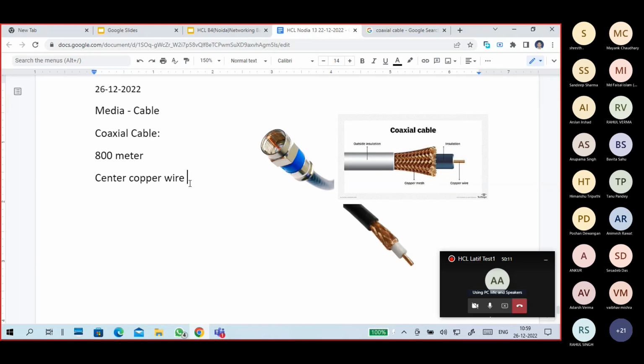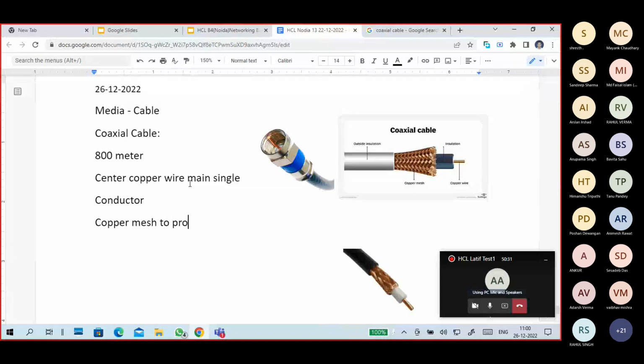Center copper wire for main signal conduction. Copper mesh to protect from electromagnetic interference.